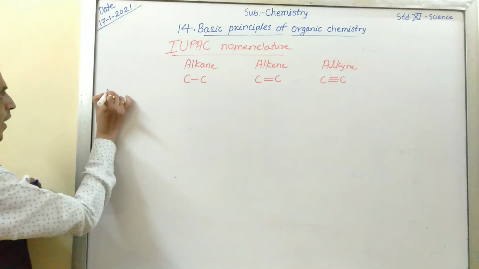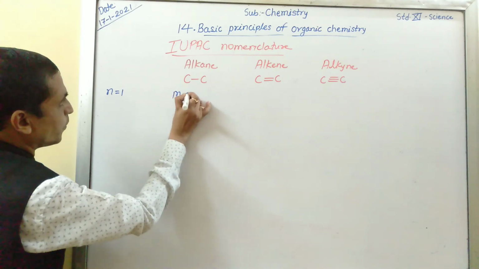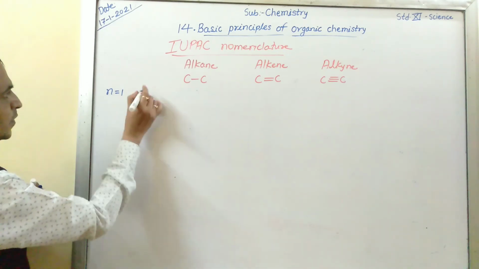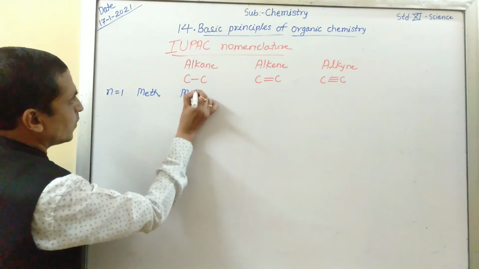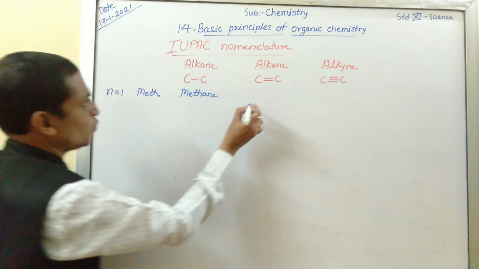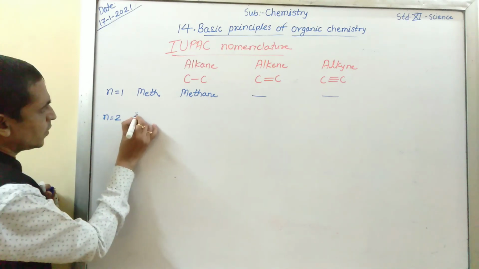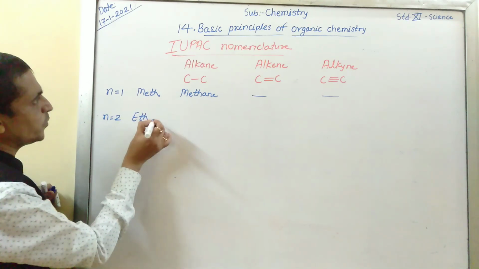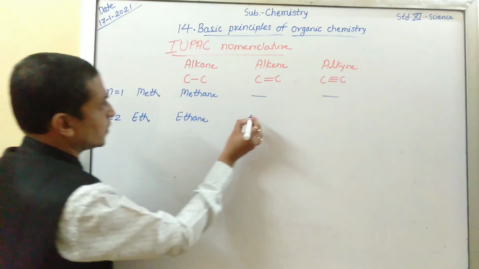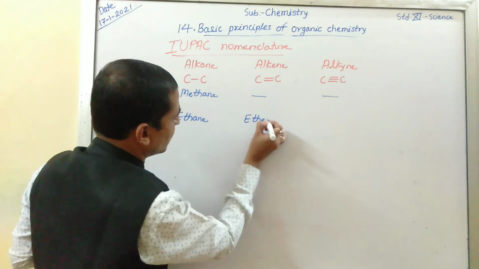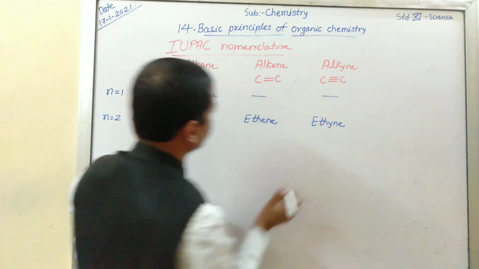If we have n equal to 1, then you get meth. Meth here gives methane. If n is equal to 2, you get eth. You remember this. Eth here gives ethane, ethene, and ethyne.